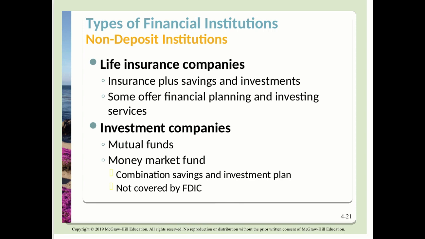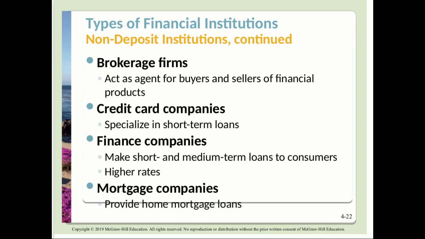You have investment companies, things like TD Ameritrade, American Century, things like this, that will manage money and possibly also have various instruments that you can buy. Brokerage firms, credit card companies specialize in short-term loans. Everybody has a credit card. You basically, whenever you use that credit card, you're getting a short-term loan.